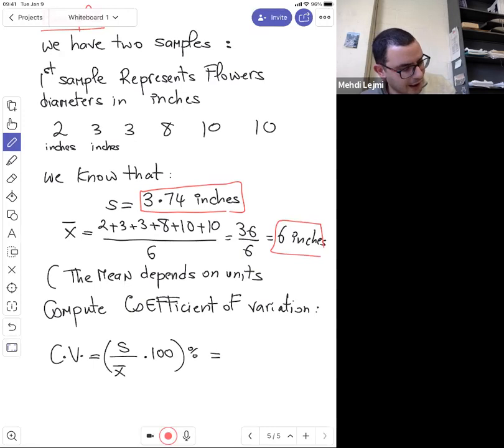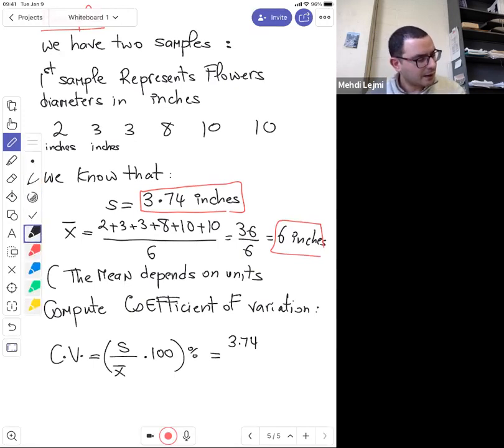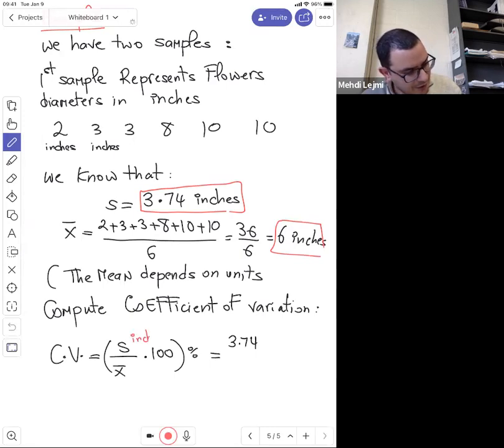So in this example, we'd have S is 3.74. The thing is, guys, the S, the standard deviation, depends on the units, right? It's supposed to be 3.74 inches. And the X bar, which is 6 inches, the mean, depends also on the units. So you're gonna have a fraction where the top depends on inches and the denominator depends on inches.